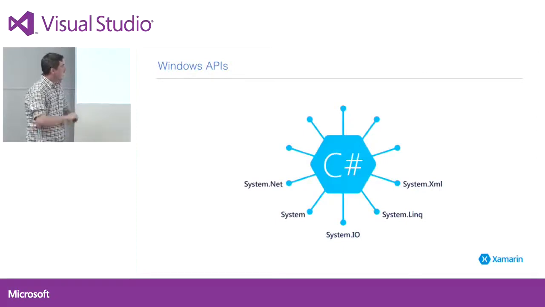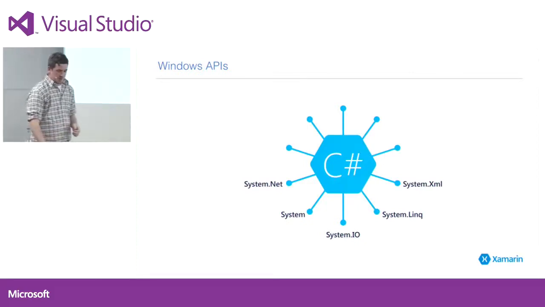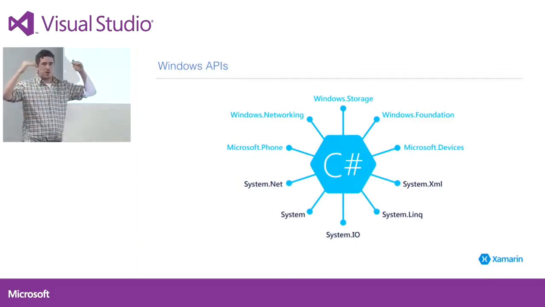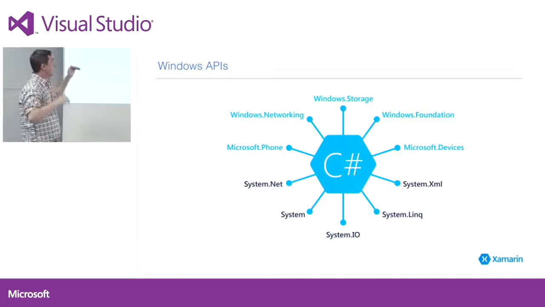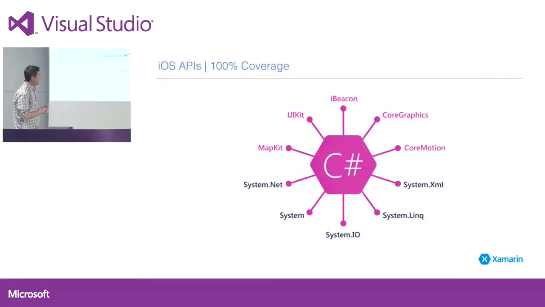So as I said, you have that shared layer, which is the .NET that we all know and love. I'm sure we've all used these namespaces. And how that works with Windows is you have on top your device-specific namespaces, and we map this across to iOS as well.